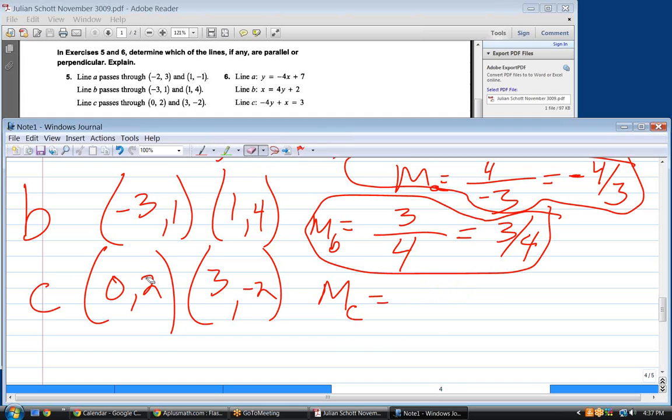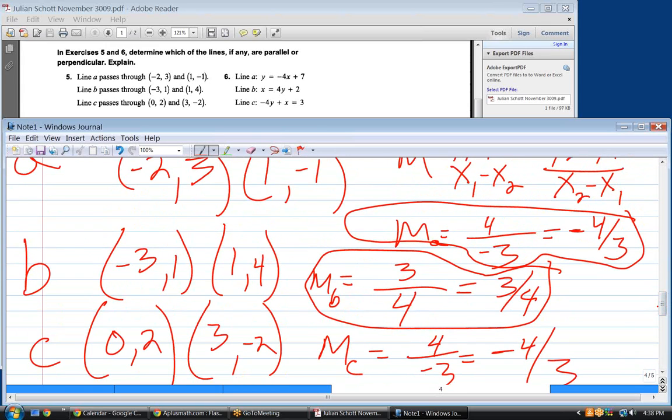In other words, to get 4, you must have done y sub 1 minus y sub 2. Well, then you have to do x sub 1 minus x sub 2. -3. Exactly, 4 over -3, which is -4/3. So line C is what with regards to line A and B? Parallel. To which one? To A. Okay.